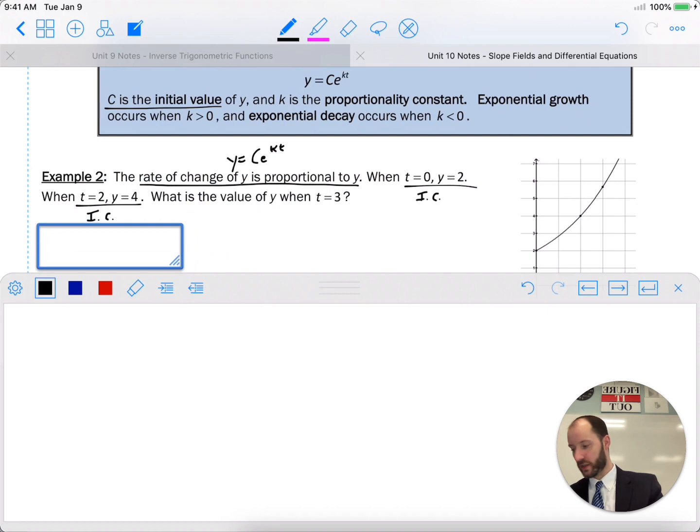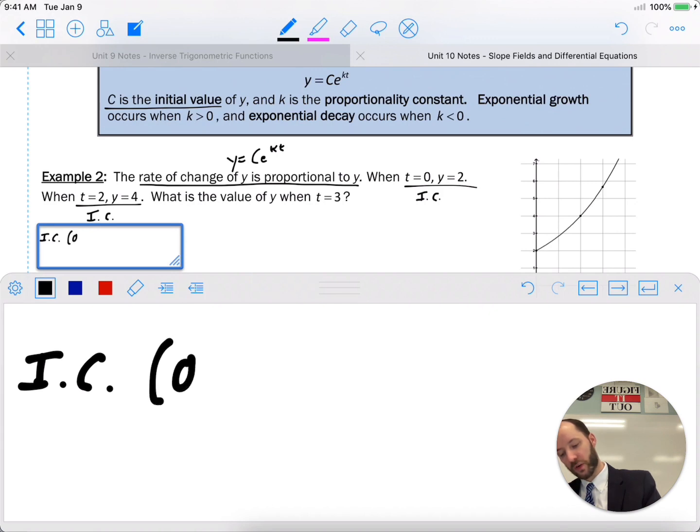So let's start. We have initial conditions. We'll start with the first one, (0, 2).